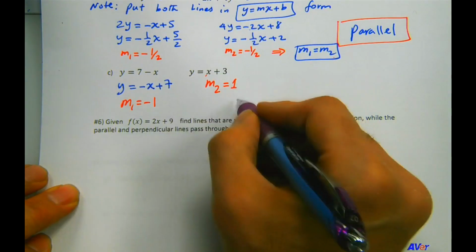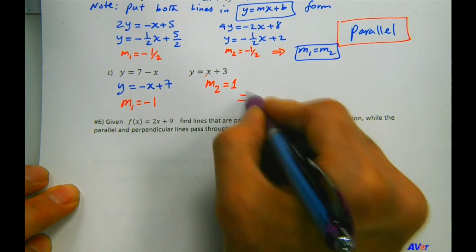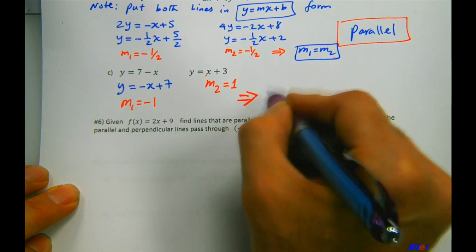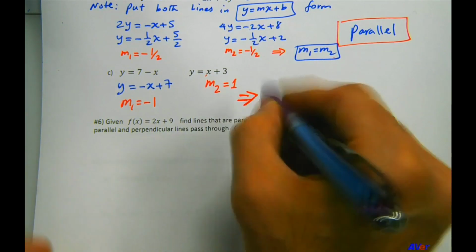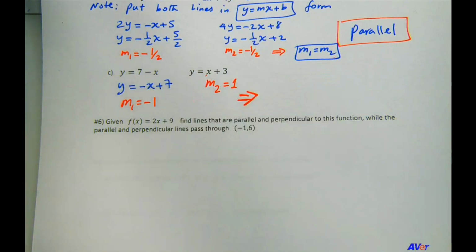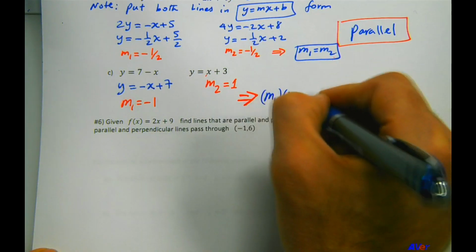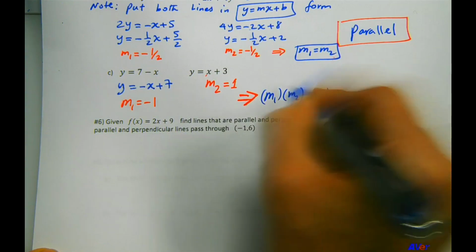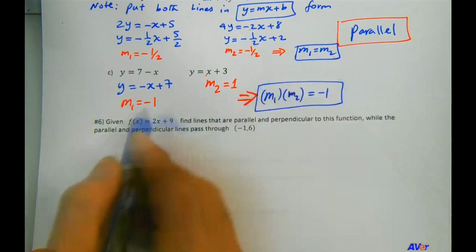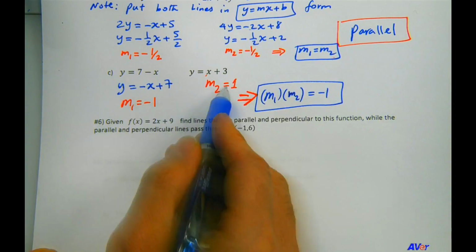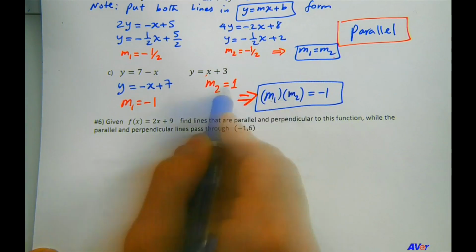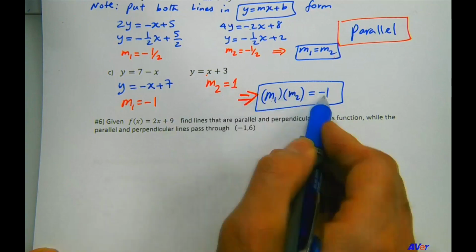So based on that, m1 times m2 is equal to negative 1, right? That's m1, that's m2. So m1 times m2, minus 1 times 1, is minus 1.